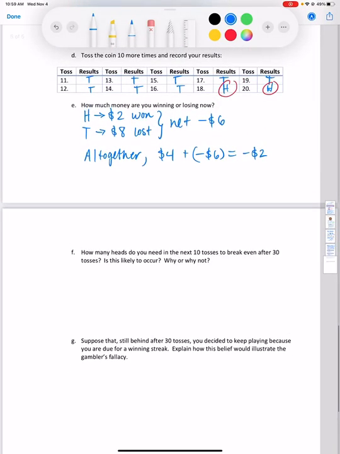How many heads would I need in the next 10 tosses to break even after 30 tosses? Okay. So what I need to do is I'm going to think about what I did in the first 20 tosses. And we'll ask the question again.